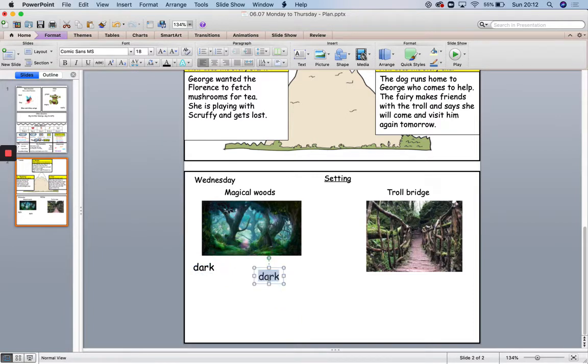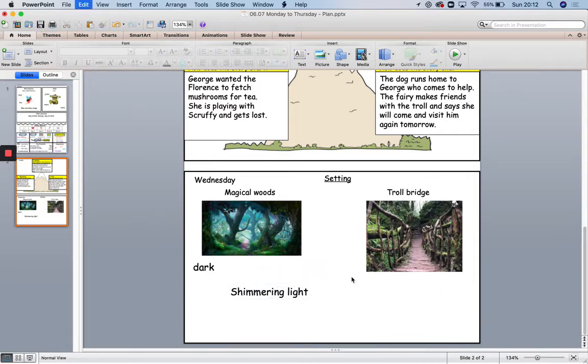There might be shimmering light. Oh, shimmering is one of my favourite words. And the troll bridge is going to be rotten. The wood's going to be rotten, and there'll be lots of other horrible things going on there.